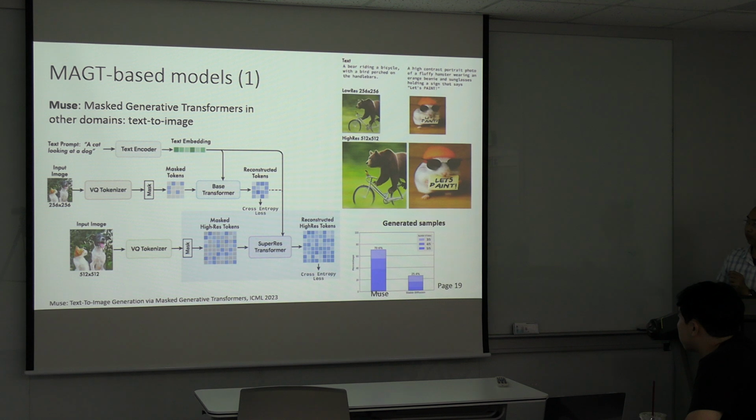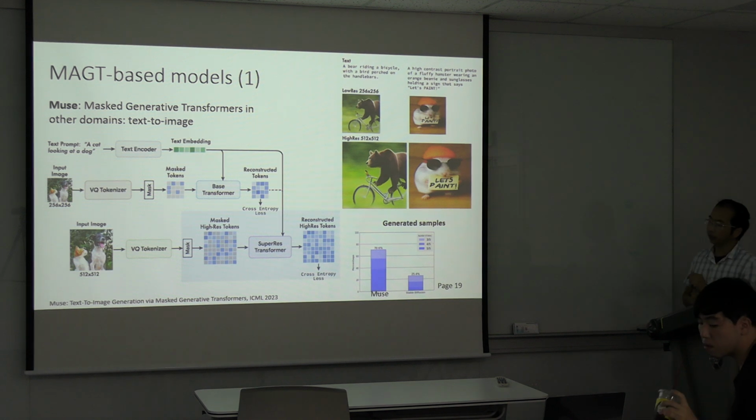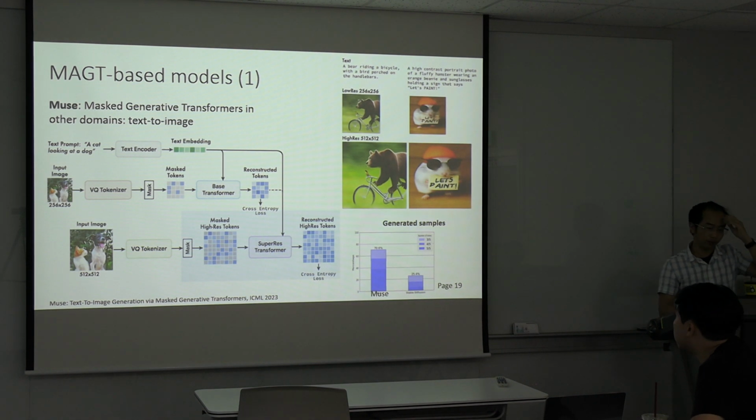So this is the next application. They extend it to text-to-image. During the training, instead of only the image, they add one conditional modality like text here. They embed the text with a text encoder, concatenate it with the visual tokens, and use a cross-attention transformer to train together with the tokens of the low resolution and the high resolution.